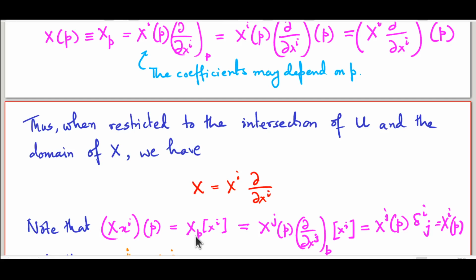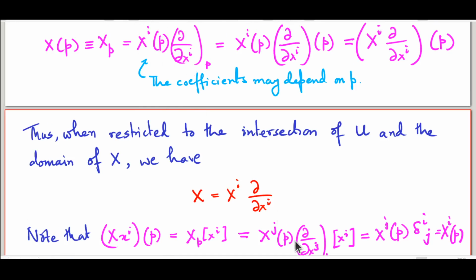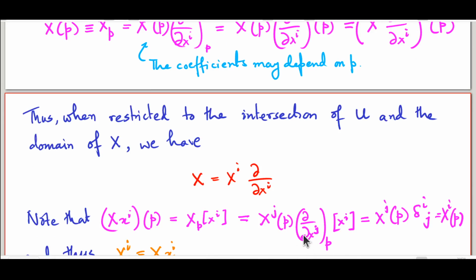But capital XP, which is a tangent vector, can always be written down as Xj at P times del del xj at P. Note that I have to change the dummy index from i to j, simply because I don't want to confuse the dummy index of summation with the actual free index i sitting here. So what we have is Xj at P, the value of a function, times del del xj at P, a tangent vector, eating up the coordinate function xi.